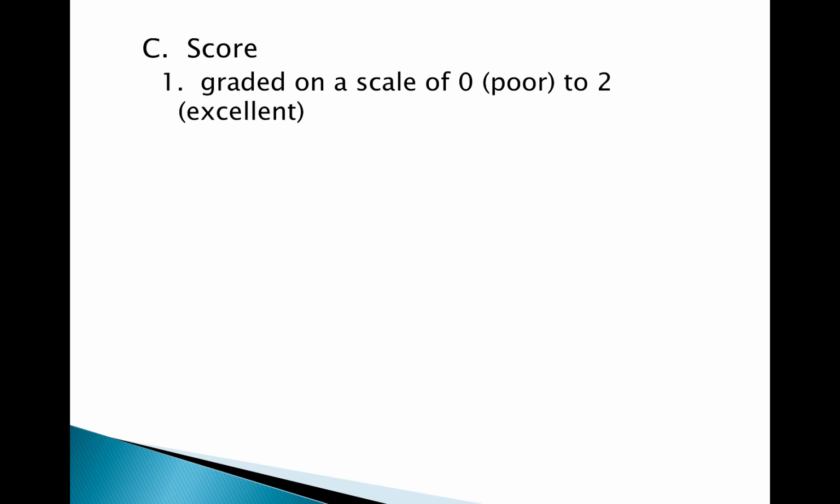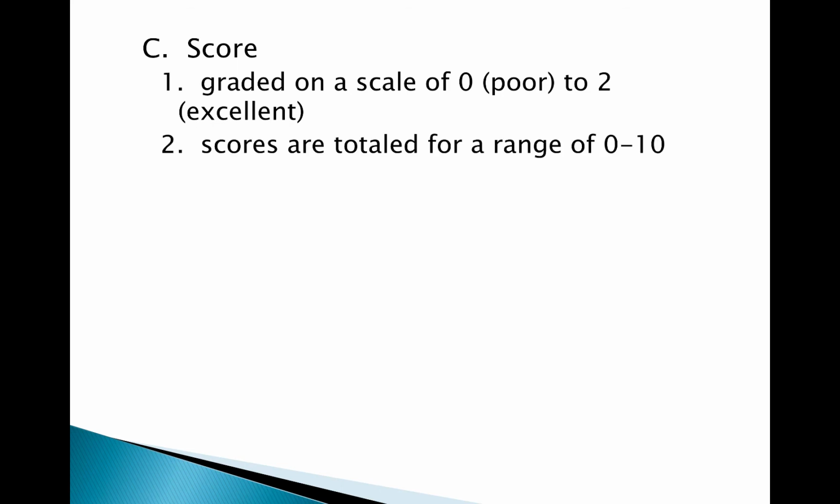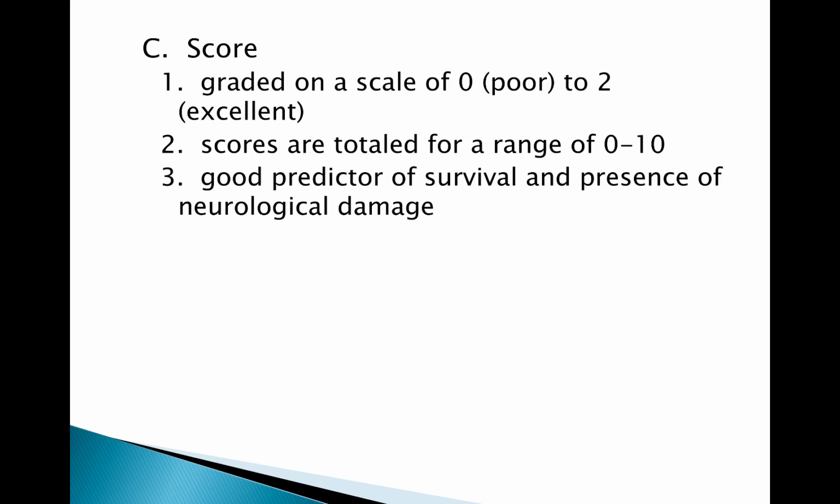And then once all the criteria have been evaluated, the scores are totaled anywhere from a range of 0 to 10, with 10 being optimal. And this scoring system is really a good predictor of survival of the newborn, and then also the presence of any kind of neurological damage.